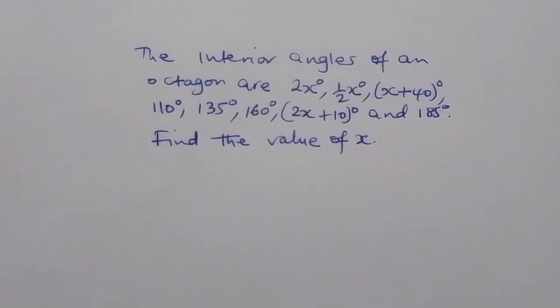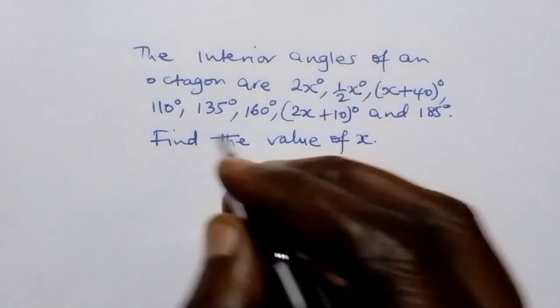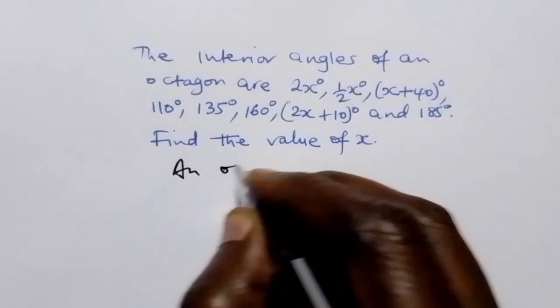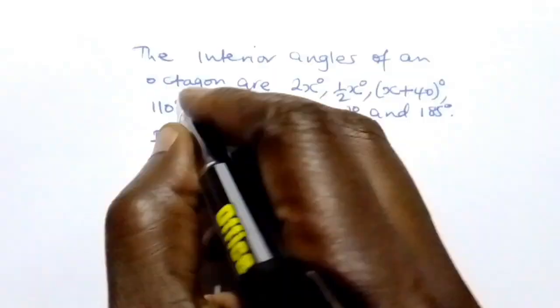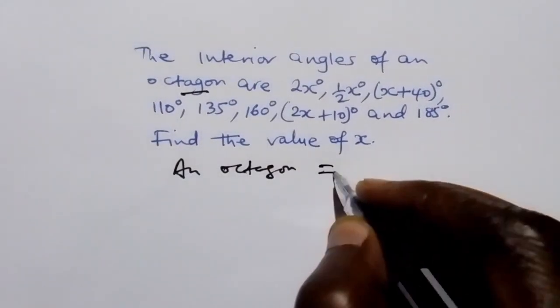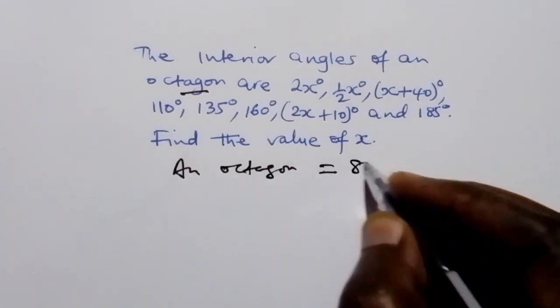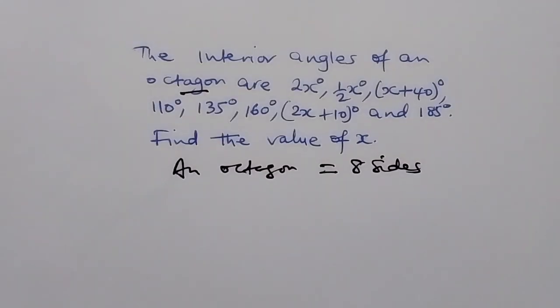So first of all, an octagon has got 8 sides.